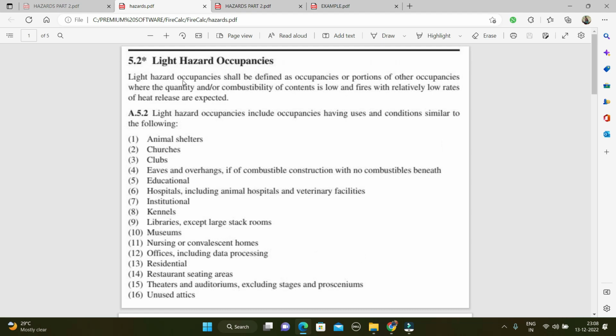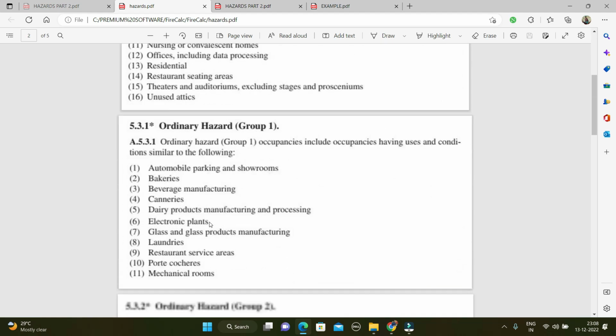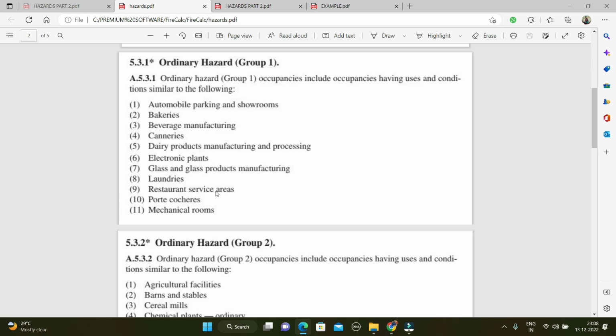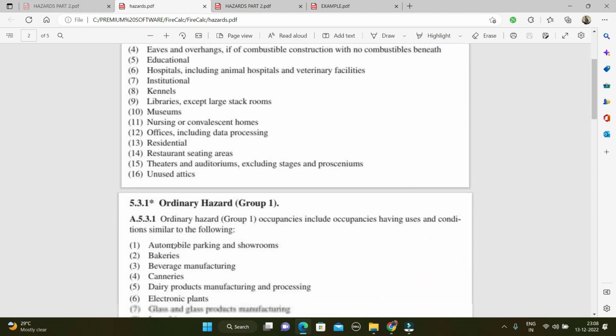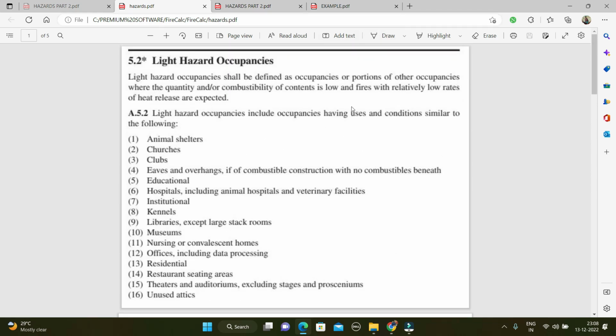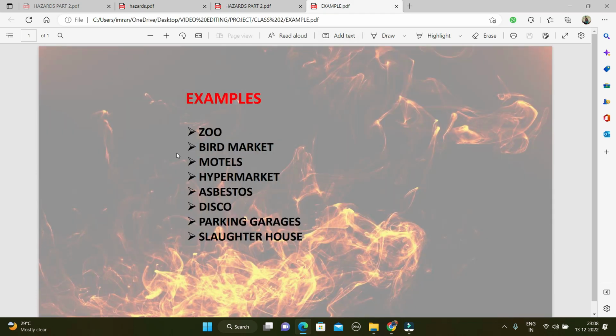But see, if we are searching these hazards in NFPA 13, for light hazards, only 16 points are given.